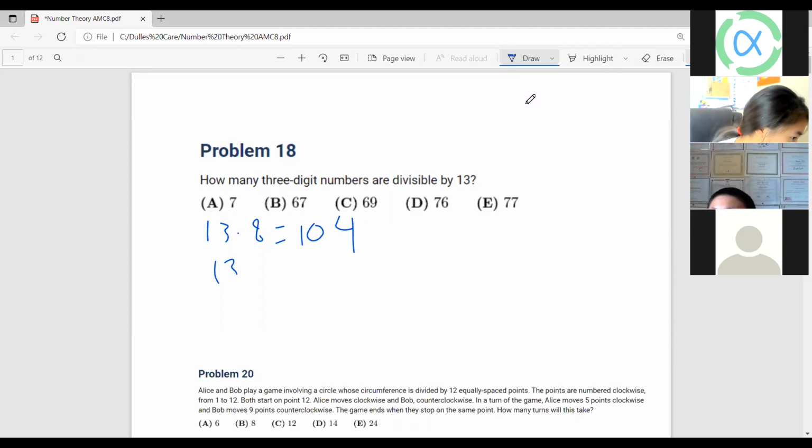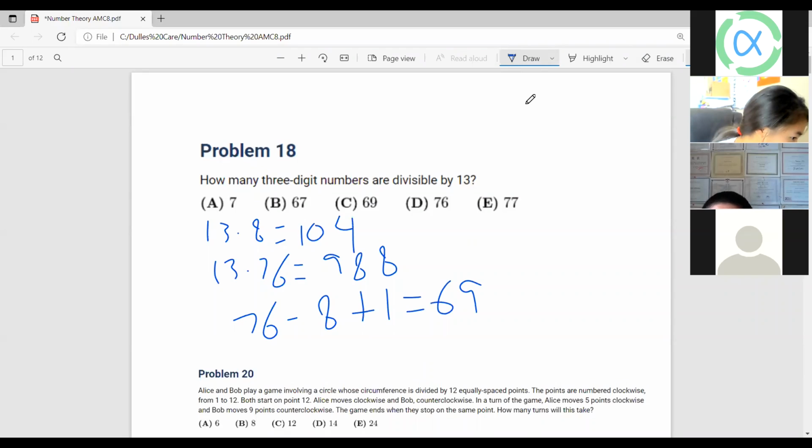We have 13 times 76 is equal to 988. So that means there's 76 minus 8 plus 1 equals 69 multiples of 13, or 69 3-digit numbers that are divisible by 13. Does that solution make sense to everyone?